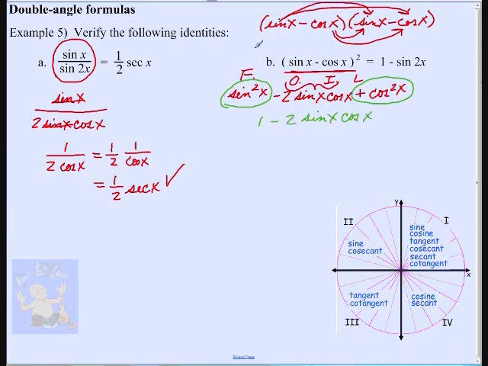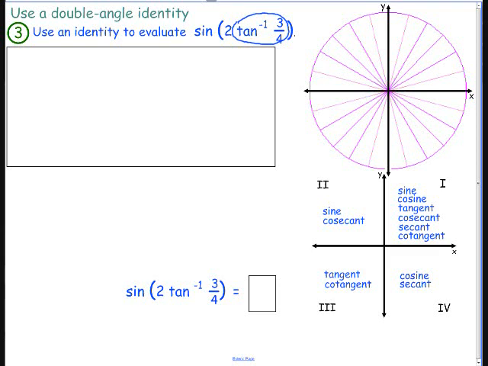And we know that that's an identity. What is that equal to? We've been working with it a lot. 1 minus sine 2x. There it is.